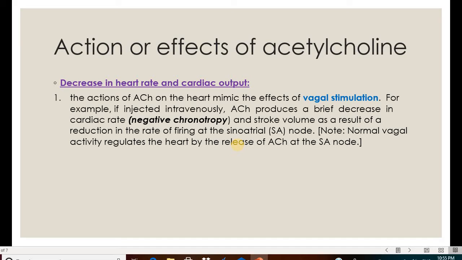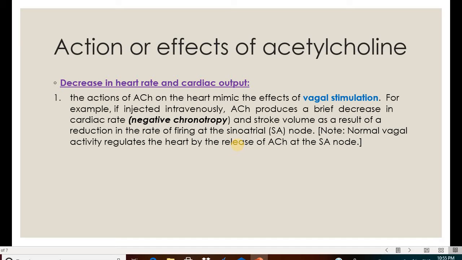The important point here is that the action of acetylcholine on the heart mimics the effects of vagal stimulation. The vagus nerve is the biggest nerve of the nervous system, and vagal stimulation is involved in parasympathetic activity.